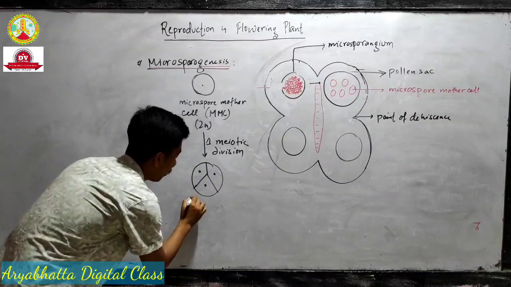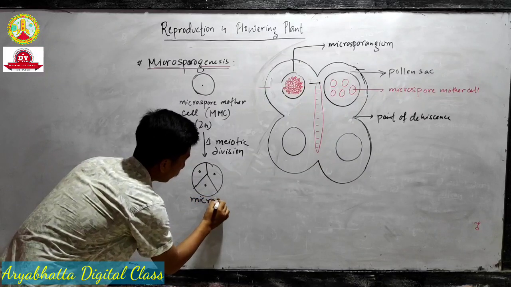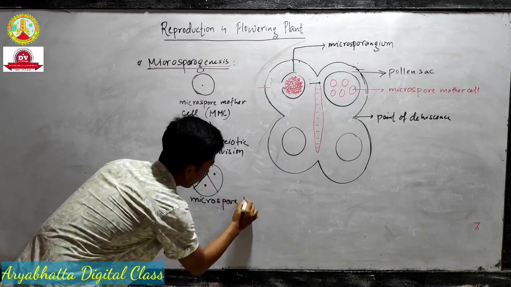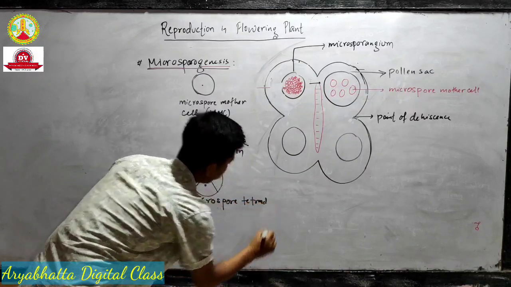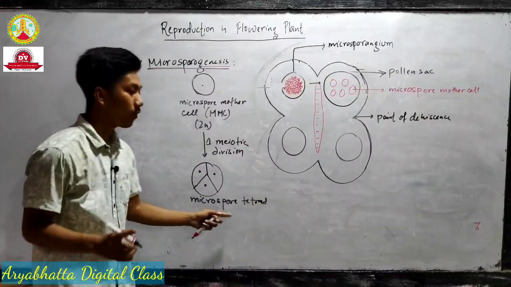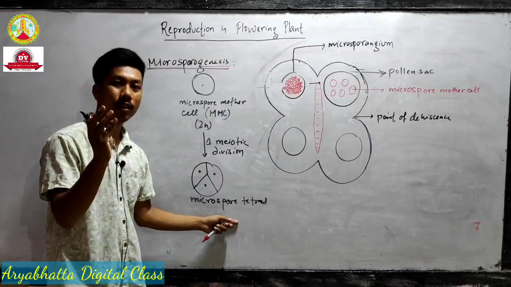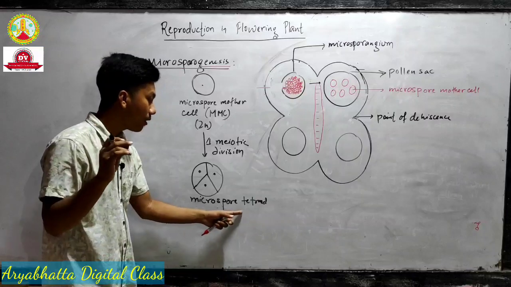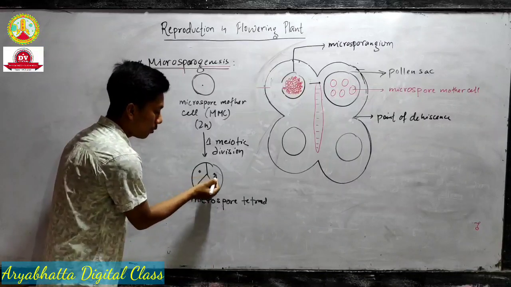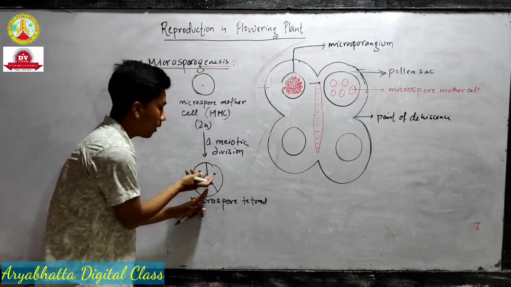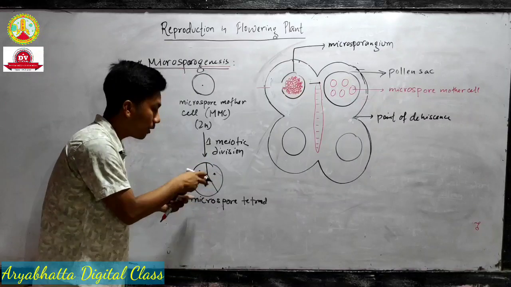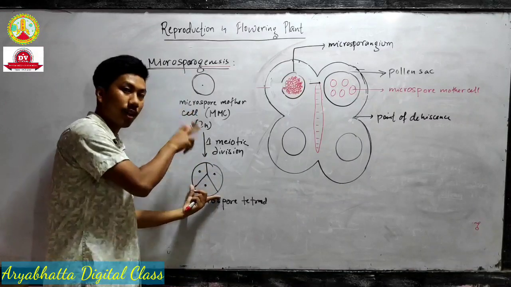Microspore tetrad. Tetrad means four in number. Di, mono, di, tri, tetra, right? So four in number: one, two, three, and another one is behind it. I cannot show you in this diagram, so just imagine there is one behind it.